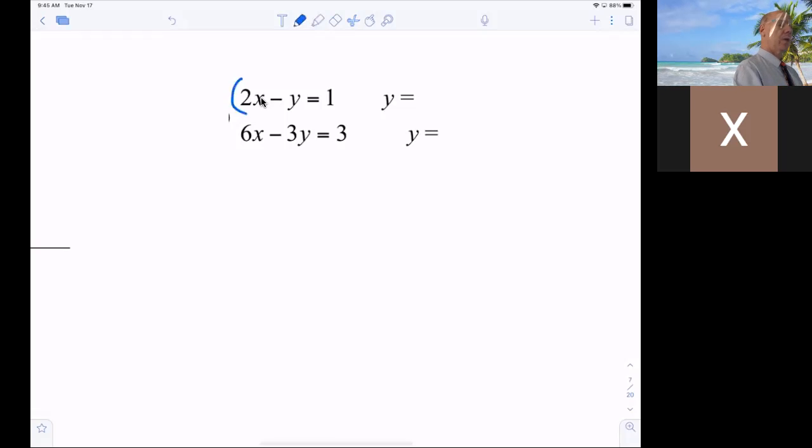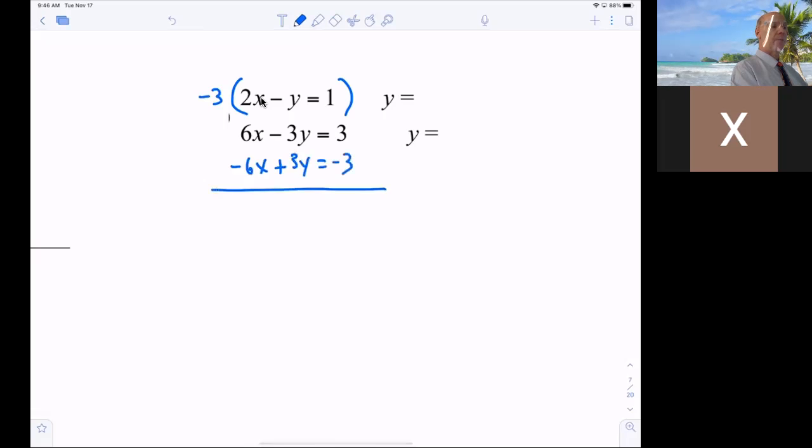I'm trying to make them the same, one positive and one negative. Yes, 3 is okay, but negative 3 is better. So I want everybody to put a negative 3 on the top. When I multiply that by negative 3, I end up with negative 6x plus 3y equals negative 3.